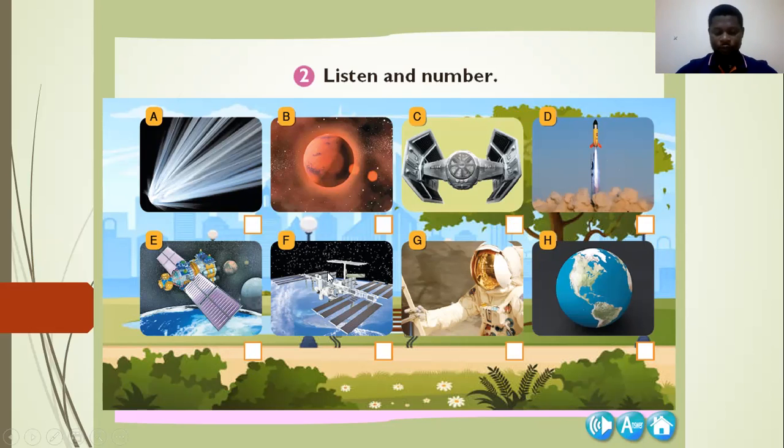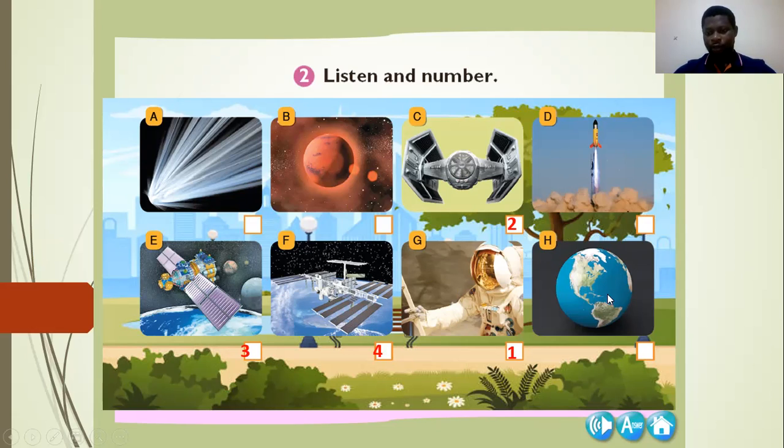1. Neil Armstrong is an astronaut. 2. The astronaut is in a spaceship. 3. You can see a satellite in the sky. 4. They work in the space station. 5.